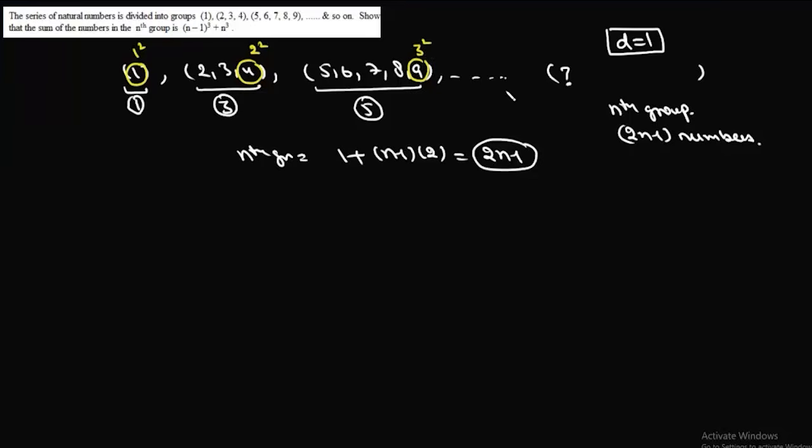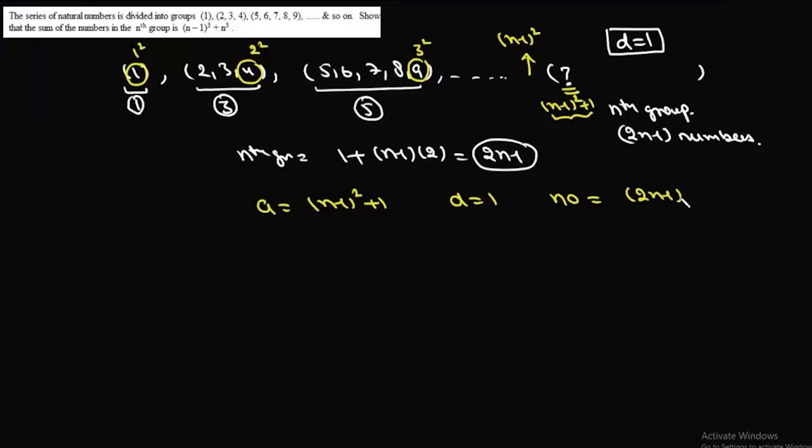For the (n minus 1)th group, the last number will be (n minus 1) square. So here the first term will be the (n minus 1 plus 1)th term. So for this nth group, a is (n minus 1) square plus 1. Common difference is 1, and the number of terms is 2n minus 1.